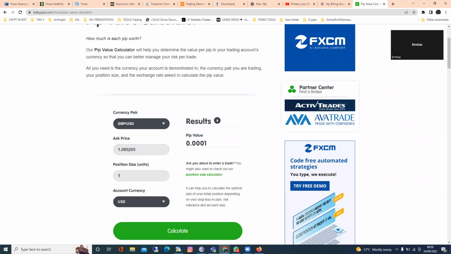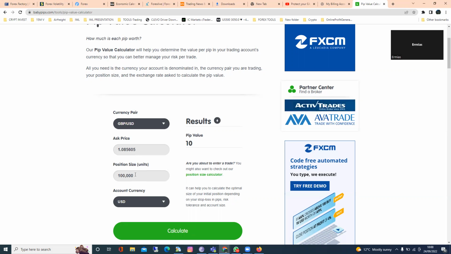So as I've said, 1.0856. If it moves to 1.0857, that is obviously one pip up, and that might be $10 or £10 up. Say for example, let's say this is position size 10, and 100,000 will be the standard that I'm talking about.